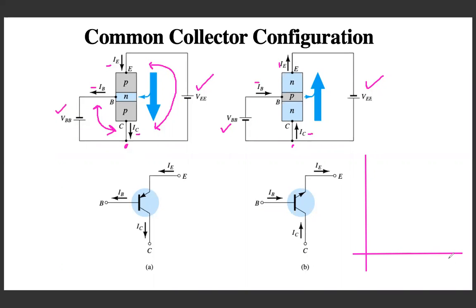That is, on one axis we will have VEC, not CE. VEC, and on y-axis we will have emitter current IE, and we will keep constant the input current, base current, that is IB. So our IB will be constant.